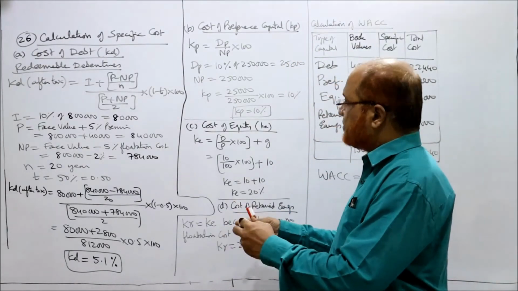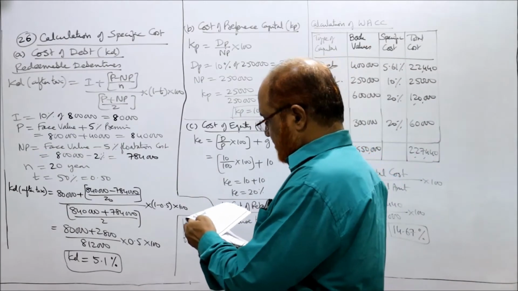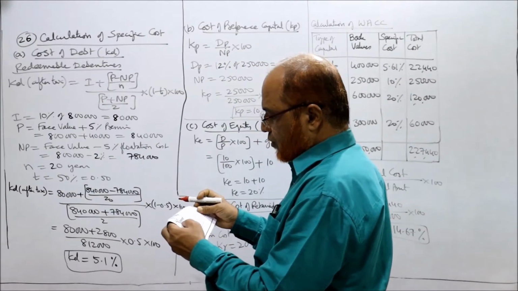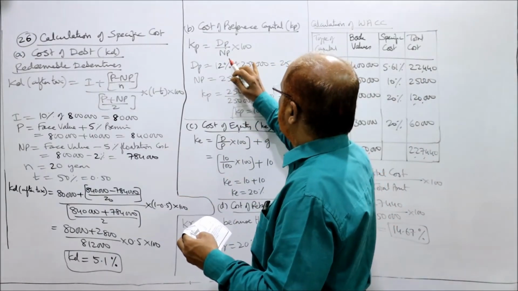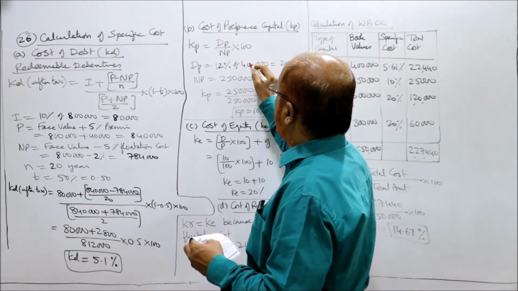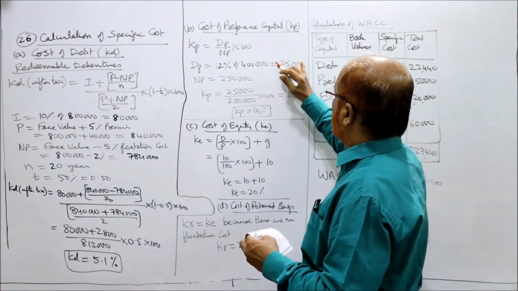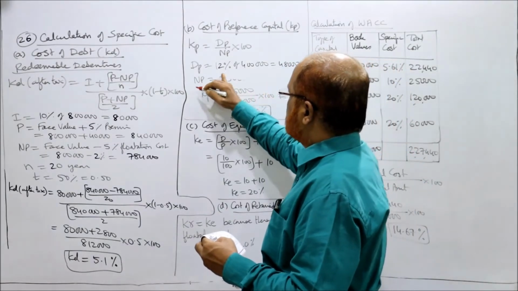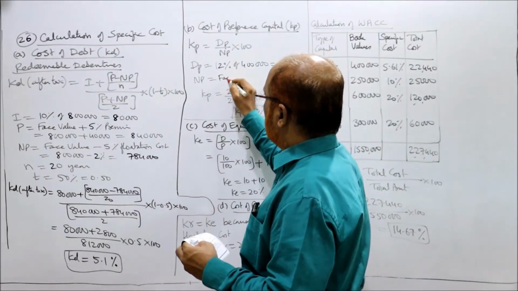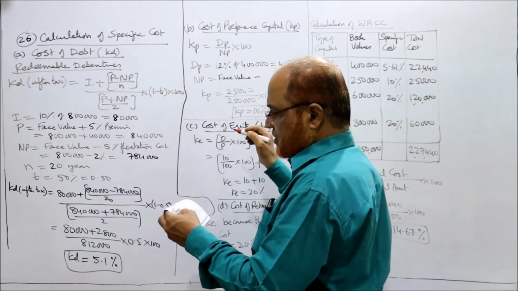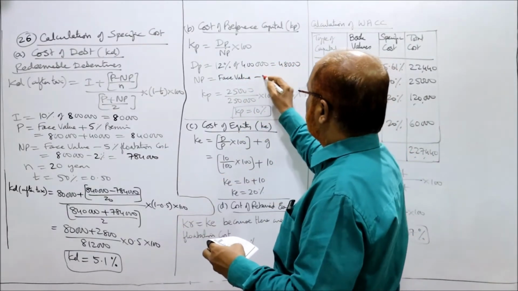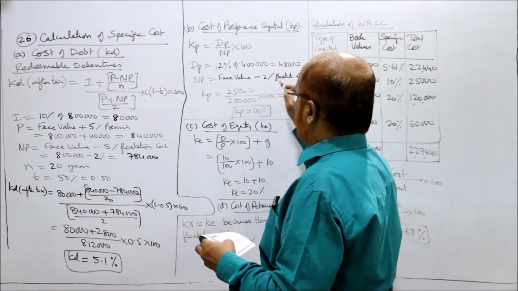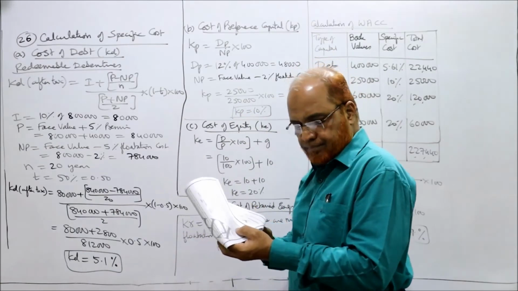Cost of preference. Here the dividend is 12% of rupees 4 lakh. 12 fours are 48,000. NP is equal to face value minus 2% flotation cost.